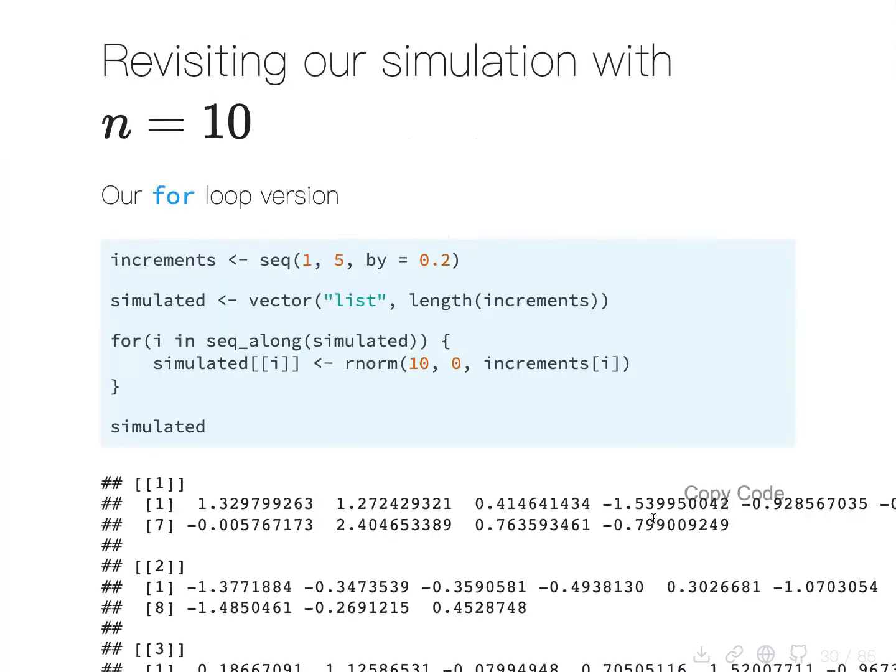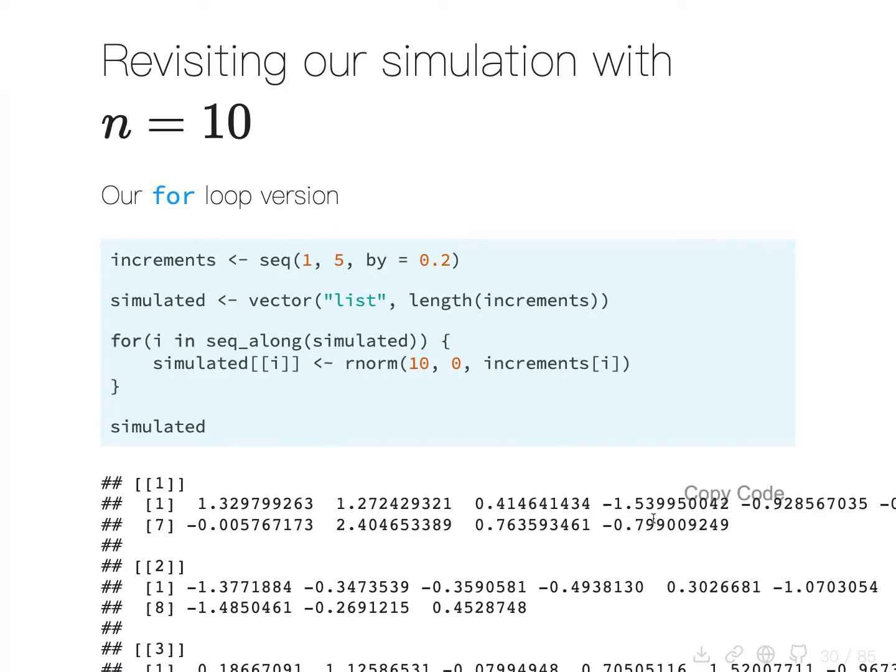So let's revisit for a second our simulation that we did with n equals 10. Okay, so our for loop version looked like this. We had increments 1 to 5 by 0.2, and then we pre-allocated our vector, which we're calling simulated, where it's of type list, and it's going to be the length of increments, right? And then we actually get to the point where we're running our for loop, and we say for i in seq_along(simulated), simulated[[i]].